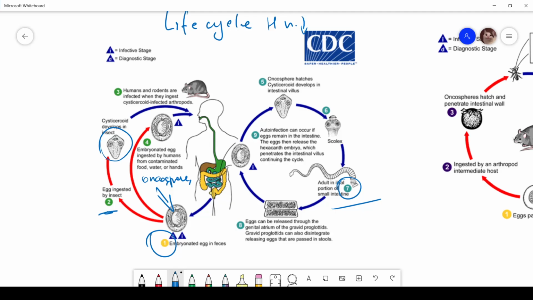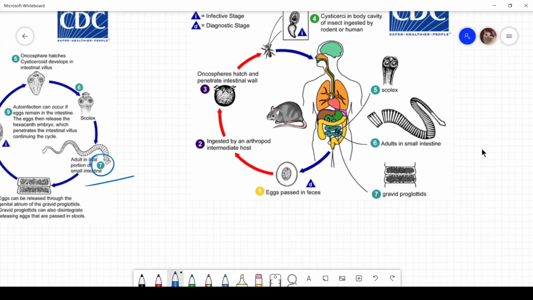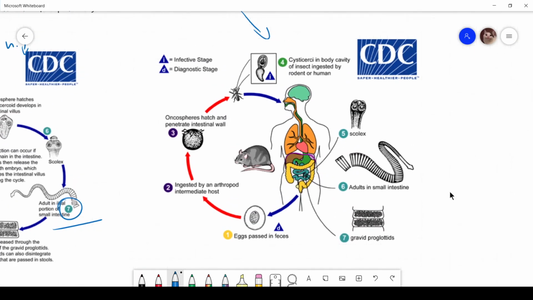It is more dangerous for children because it is not usual for kids to wash their hands before eating, for example. Okay, let's go to Hymenolepis diminuta. It is not very different from the life cycle of Hymenolepis nana, but you must know this life cycle too.